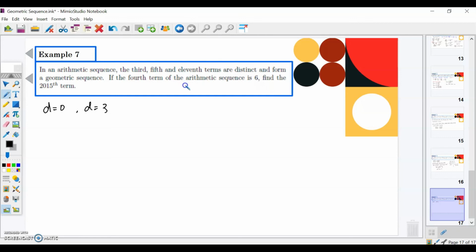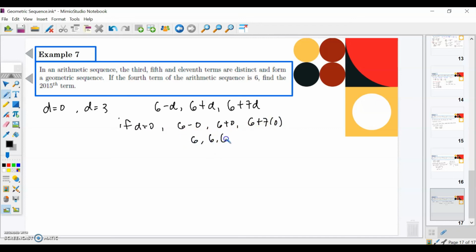But first, since we have two values for d, and we have represented the terms in the geometric sequence as 6 minus d, 6 plus d, and 6 plus 7d, if we try to replace the value of d in our terms here, if we consider d to be equal to 0, then we will have 6 minus 0, 6 plus 0, and 6 plus 7 times 0. And this will give us the sequence having the terms 6, 6, 6.